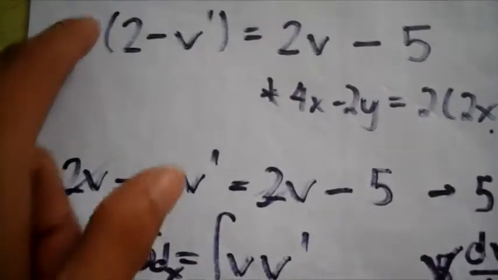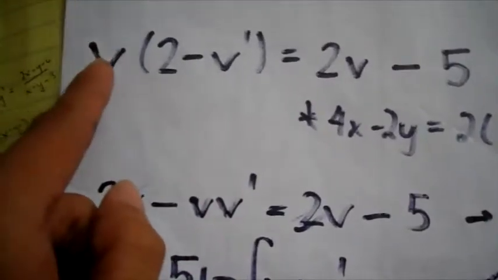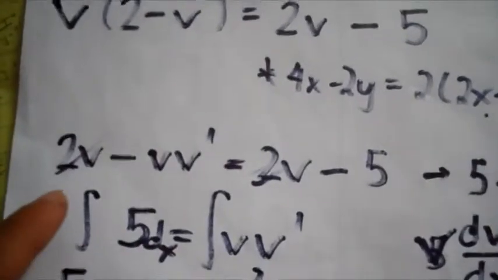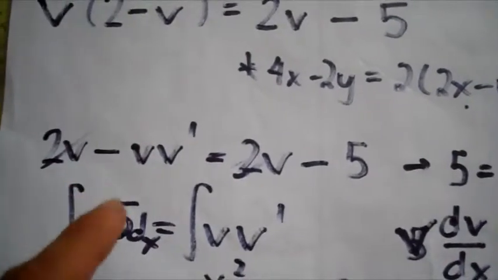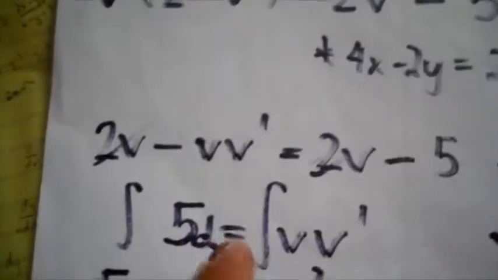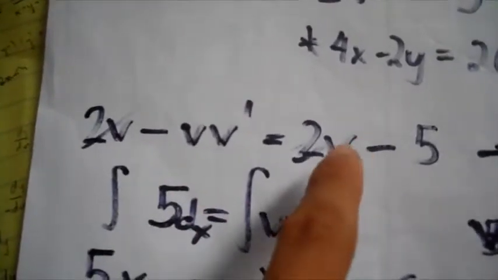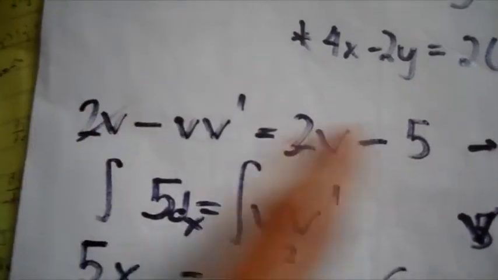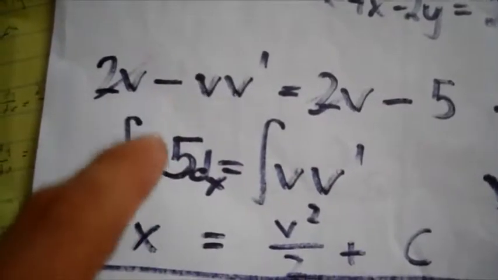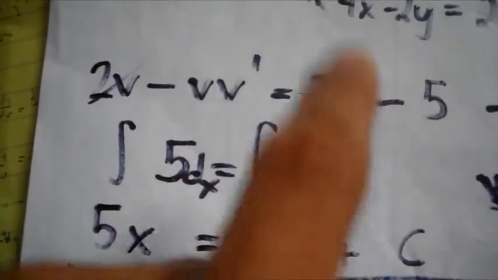And by distributing v in these terms here, we get 2v minus v prime is equal to 2v minus 5. Now this 2v here can be cancelled out, and we get 5 is equal to v v prime.